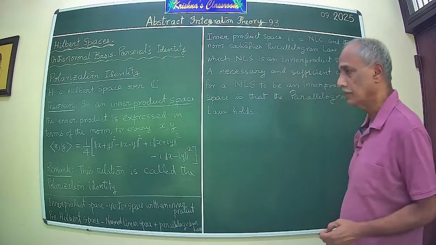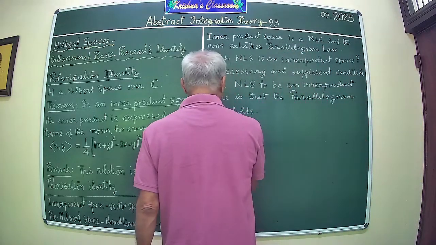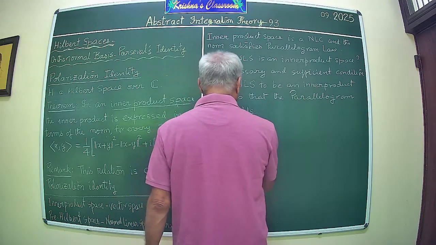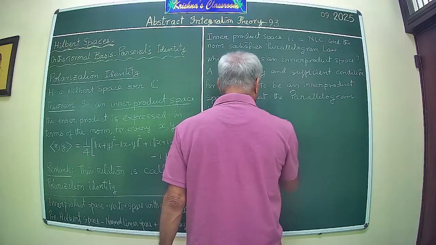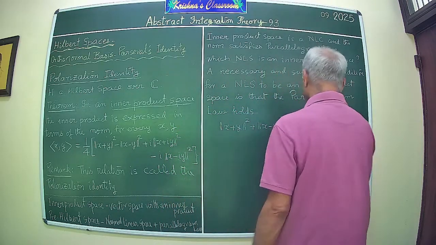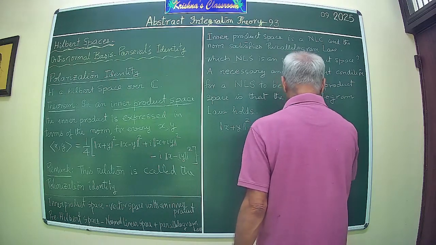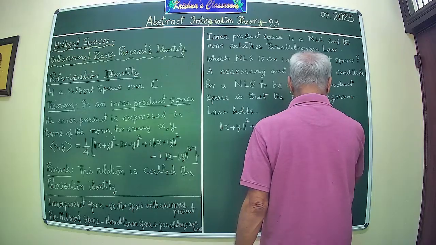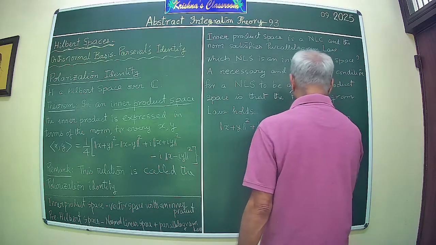What does it say? It says the norm of x plus y whole square plus norm of x minus y whole square is equal to twice norm x square plus norm y square. This is the parallelogram law.